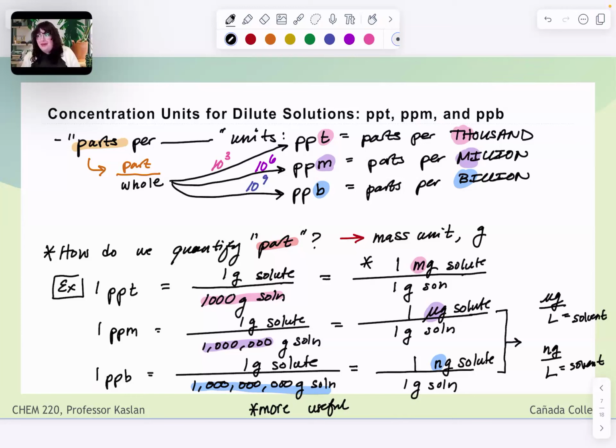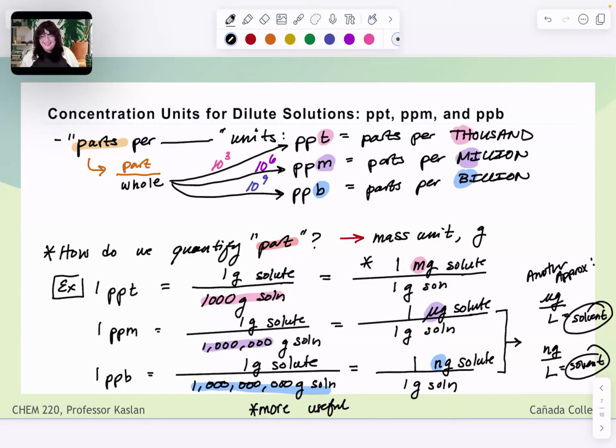And that's basically the entire solution. So sometimes you'll see people make little adjustments where they express this in terms of total amount of solution, or in terms of solvent, which is a valid approximation when you're looking at such dilute concentrations. But it's not the strict definition. This is another approximation of these units, and I would really only ever trust this approximation for the ppm or ppb.